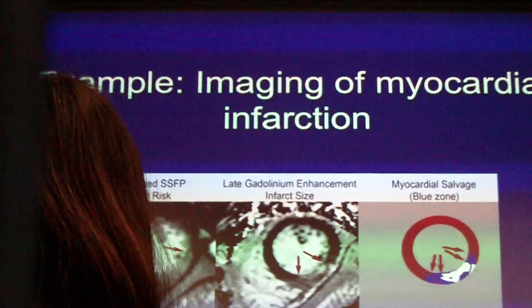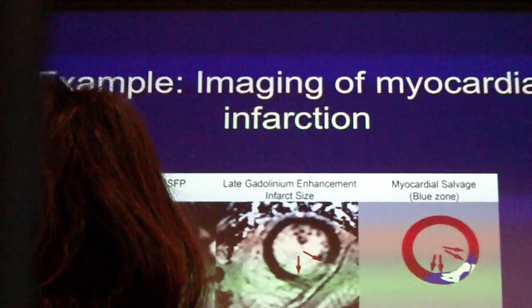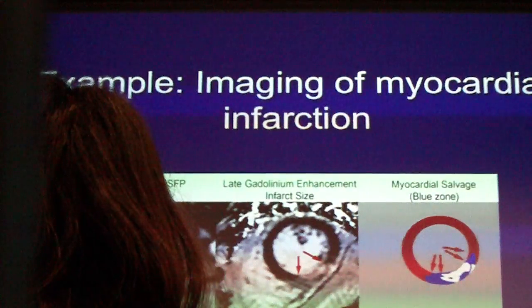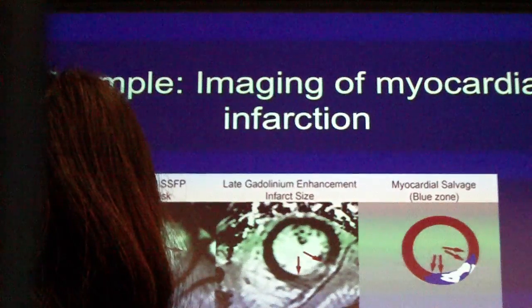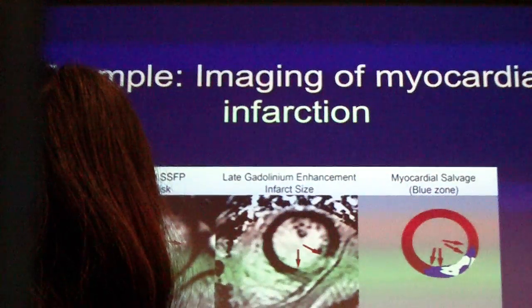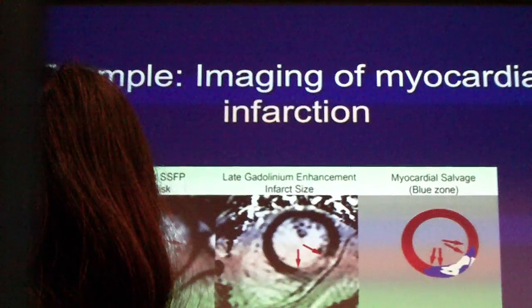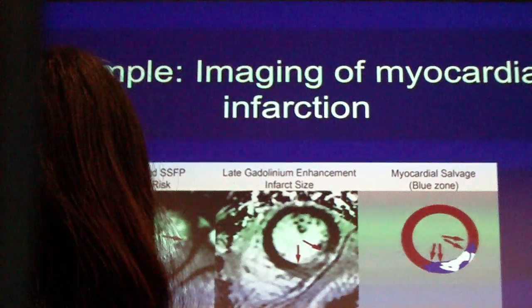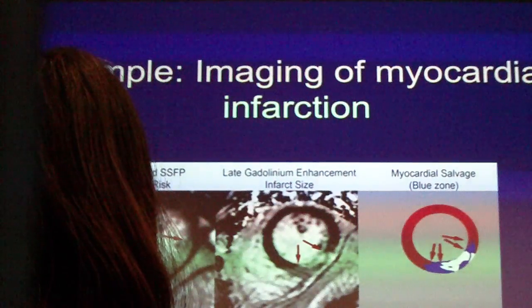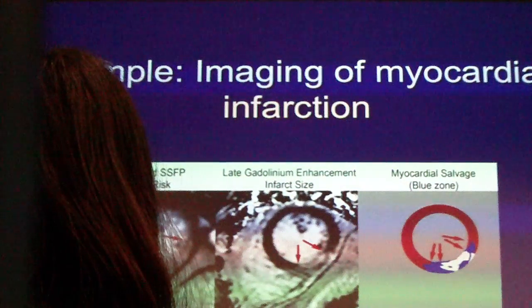And this is blue here. That's not really infarcted, but it's the area at risk. Because after an infarction, damage can sometimes increase to much further extent. So in this way, you can say, okay, this is area at risk. This is really infarct.